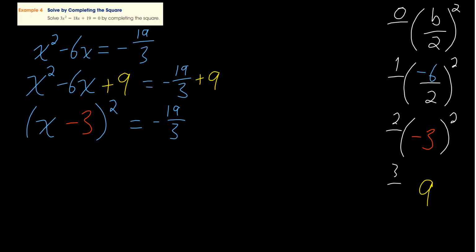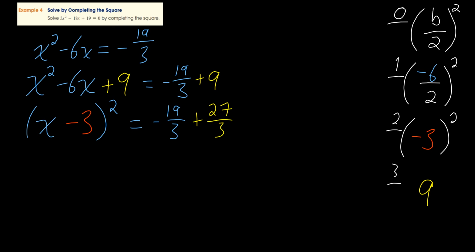But we keep it in fractional form, negative 19 over 3 plus 9. So we need to get a common denominator. What's a common denominator? Well, it's 3. So it's going to be plus 27 over 3, which is the same thing as 9, right?